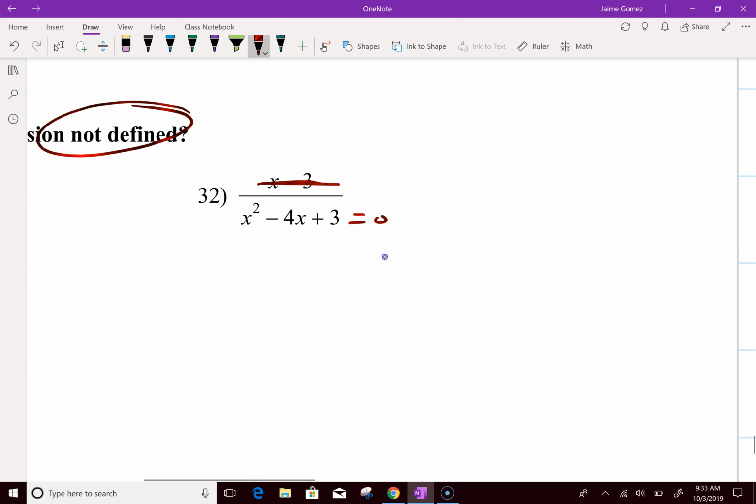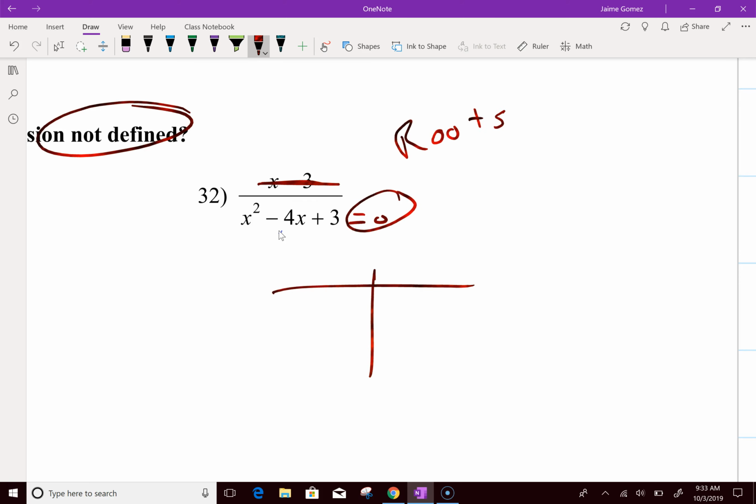But 32. Now 32, how do you do number 32? 32 is what? How do you solve that? It's factoring. You got to factor it. Equals 0 wants the root. Wants the what? The roots. Keep that in mind. The multiply and the add. The multiply is 3. The add is -4.